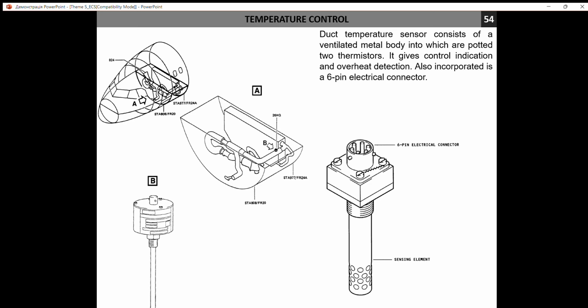Other sensors are installed in the ducts, and you will measure the air temperature directly, the temperature of the air that is guided to the cabins. And the principle is the same.